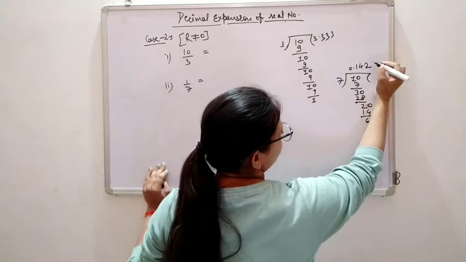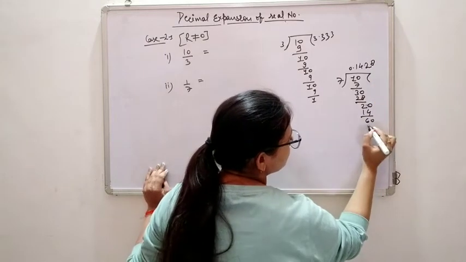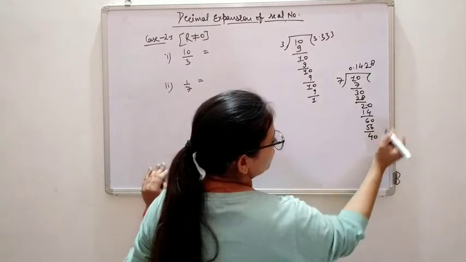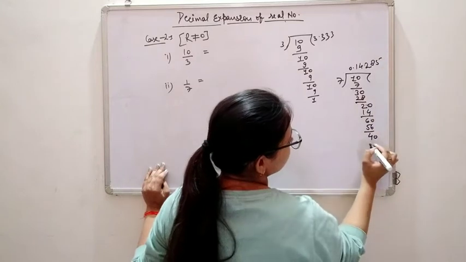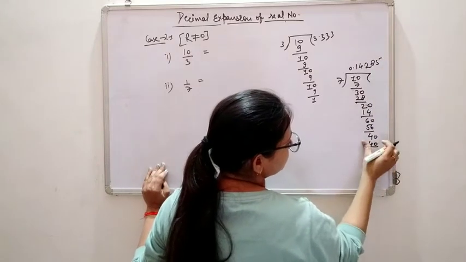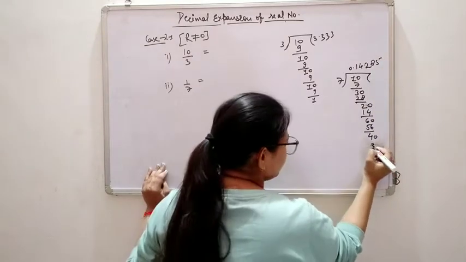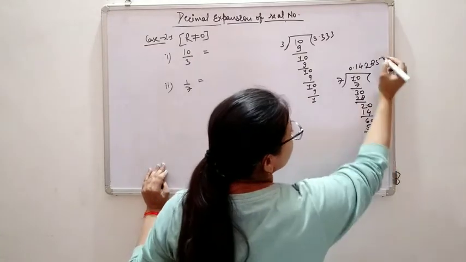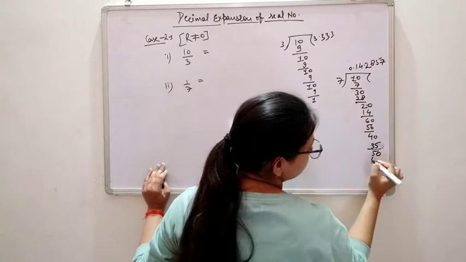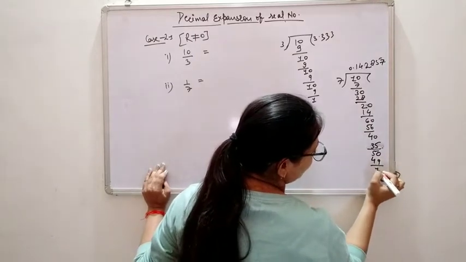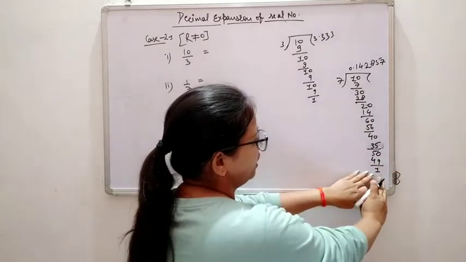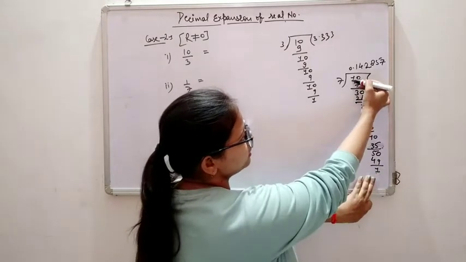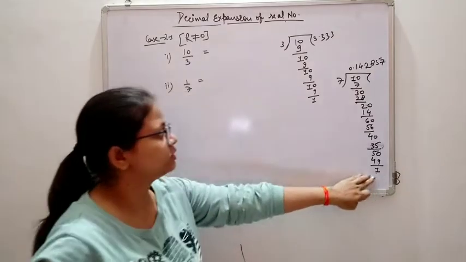Now 8 times, the remainder will be 4. Now 5 times, the remainder will be 5, sorry for that. Now the remainder is 1. Now stop this process here because it will start repeating from this, it will start like 10 again. So let's stop this here.